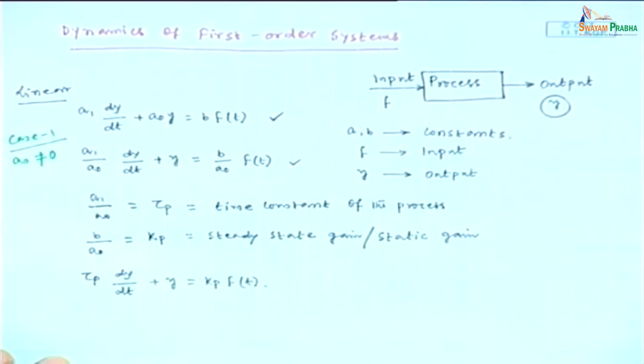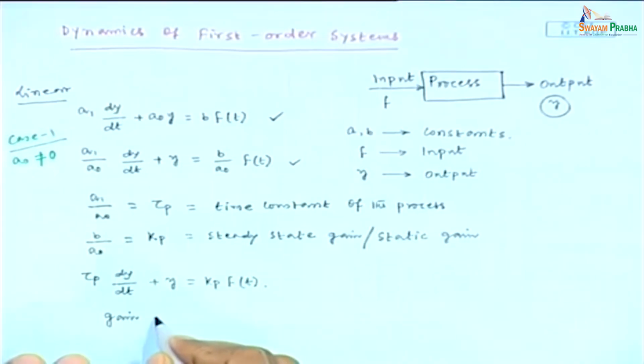Fine. Now, what is gain? Gain is basically the change in output per unit change in input.